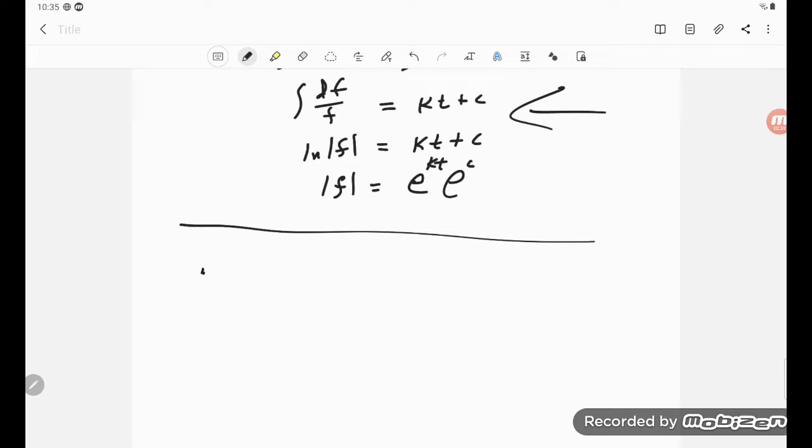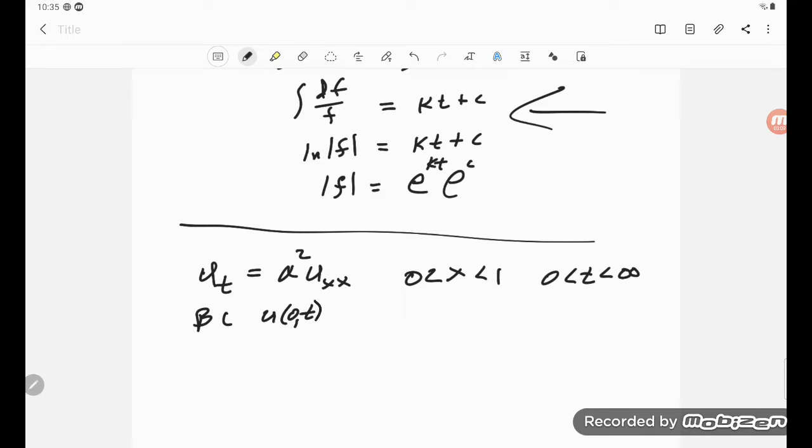So we've got u sub t equals alpha squared u sub xx, and we'll just make it easy on us and have x go between 0 and 1, and t goes to infinity. Boundary conditions, we'll just use homogeneous boundary conditions. So we'll have u at 0 and t is equal to 0, and u at 1 and t is equal to 0. And that's for all t.